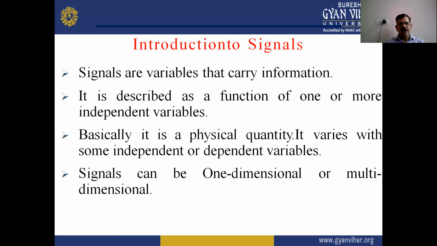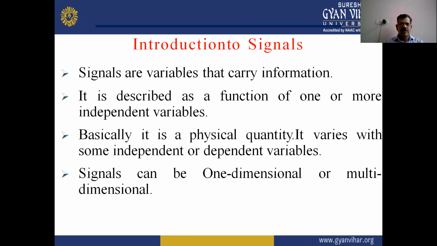So signals are variables that carry information. A signal is described as a function of one or more independent variables. Basically, it is a physical quantity. It varies with some independent or dependent variables. A signal can be one-dimensional or multi-dimensional.